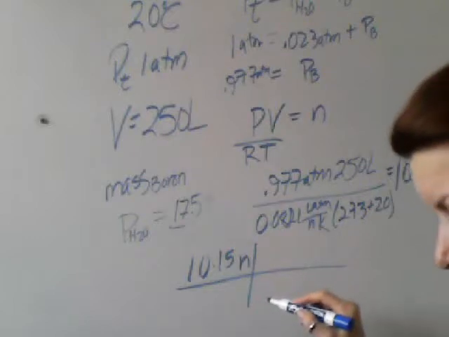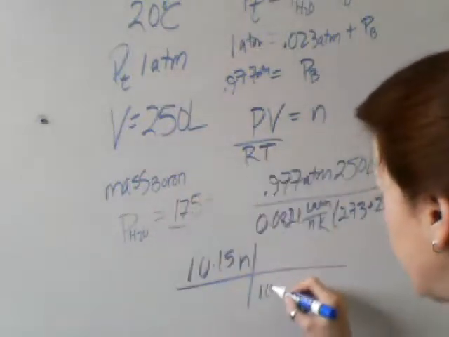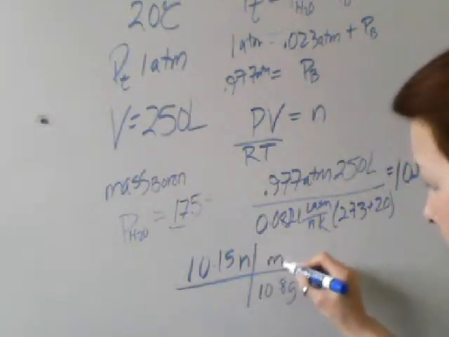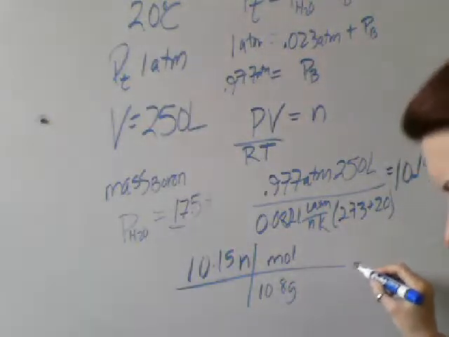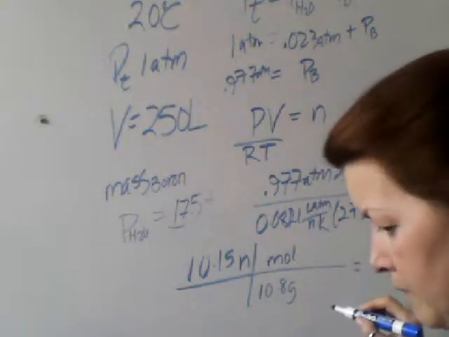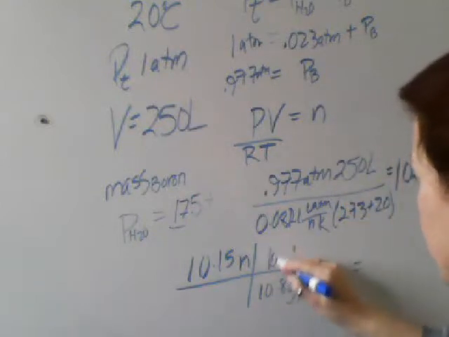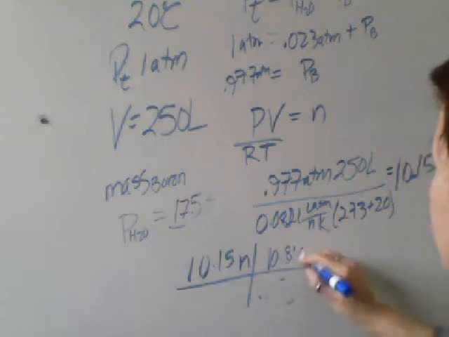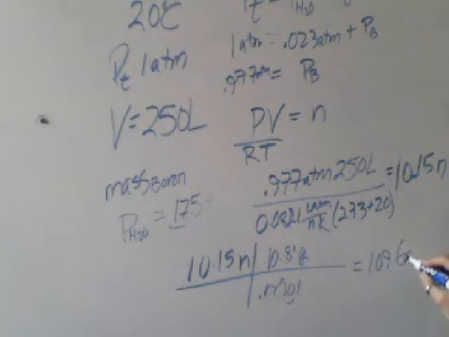We look at our friend the periodic table to find out that the mass of boron is 10.8 grams per mole, and that's going to equal 109.6 grams of boron given those conditions.